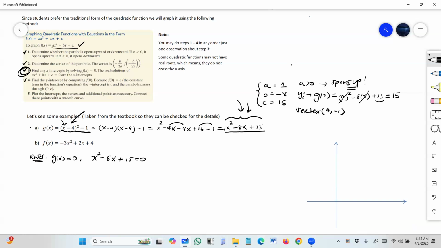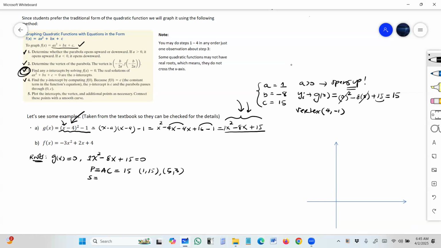Now you can solve it any way, either by factoring, if possible, quadratic formula, or completing the square. In this case, we can try factoring because this is going to be factorable. So it's a nice review. Find two numbers whose product is a times c, which is 15. 1 times 15 is 15. Now that could be 1 and 15 or 5 and 3.